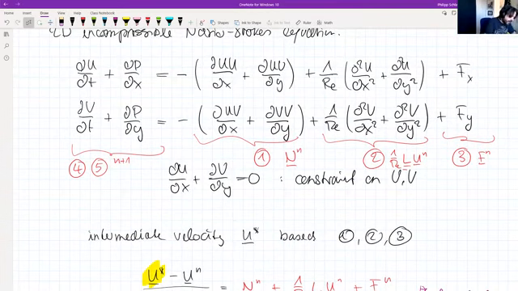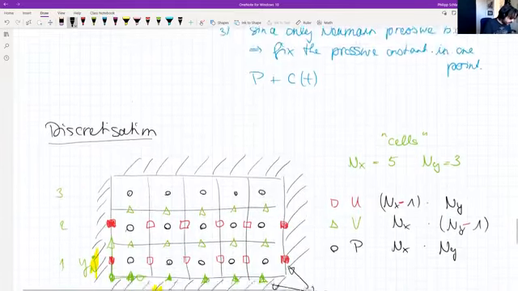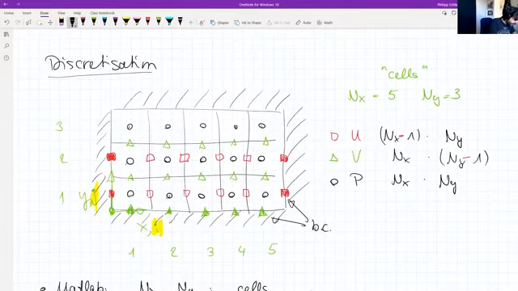The first thing we need to realize is that if we solve the U momentum equation, the one in X, then this equation needs to be written on the points where the U velocity is actually defined. So we would like to have all the quantities defined in the U velocity points, the points that lie between the cells in the X direction.